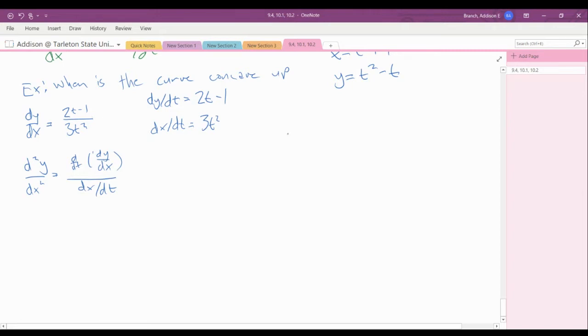So we're going to do our low, so 3t squared times the derivative of our high, minus our top times the derivative of our bottom, all over our bottom squared.